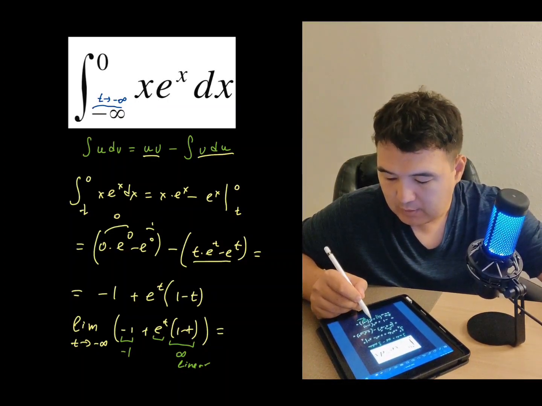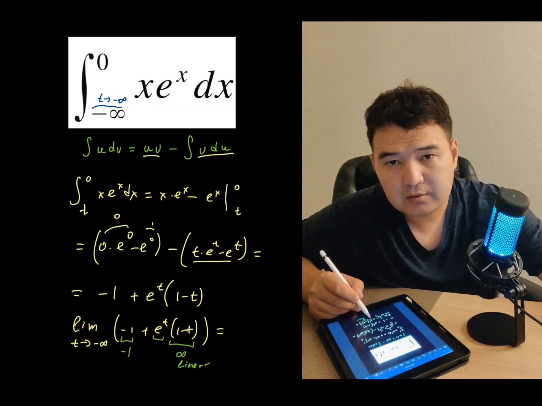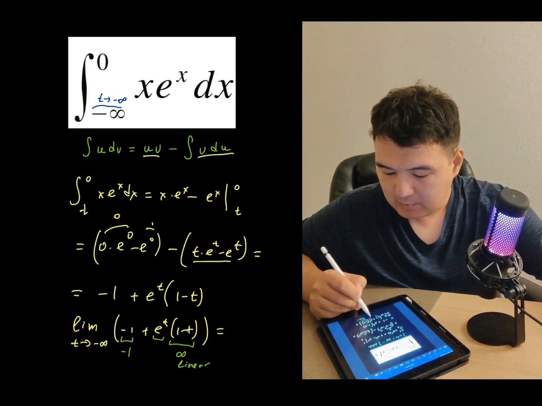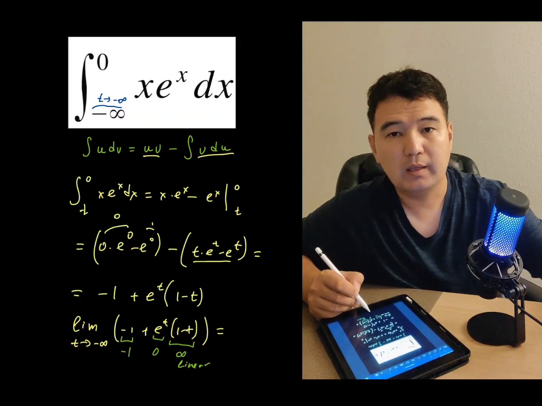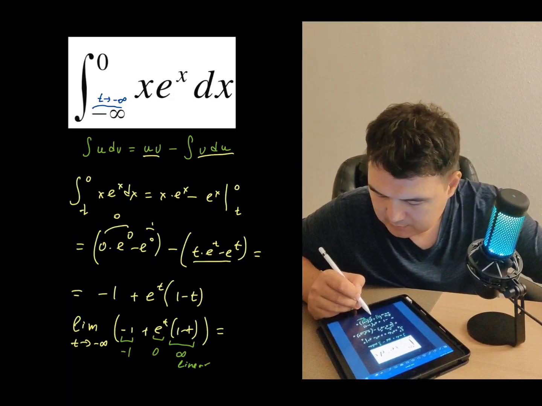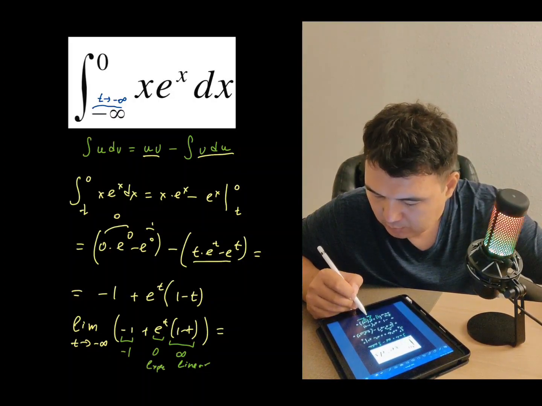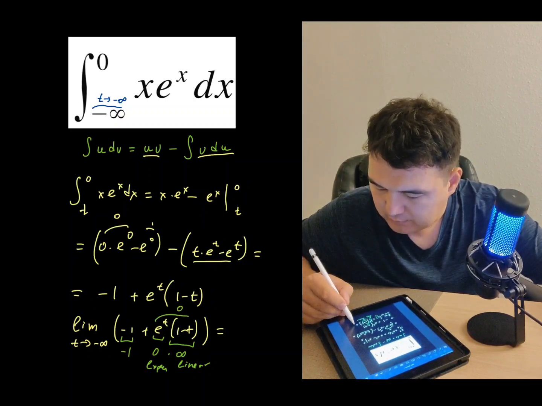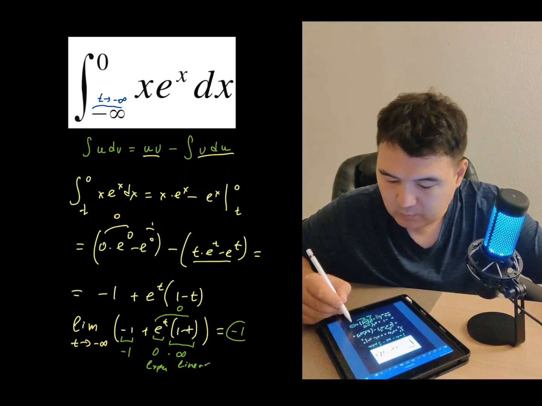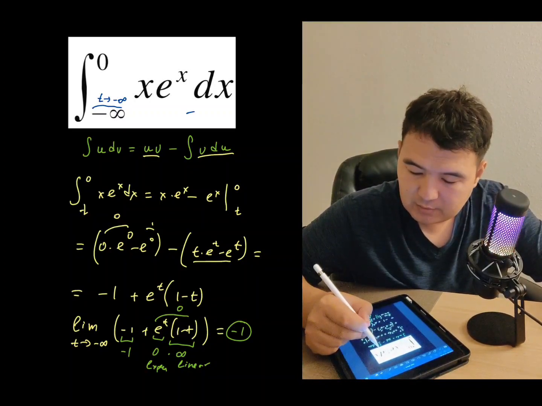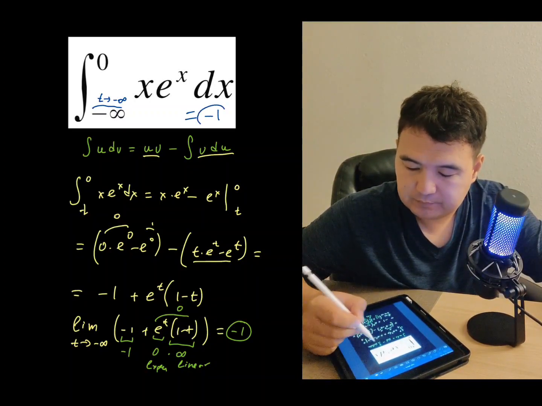Since it's an exponential number but the power is negative, this number becomes 0. So basically what we have is 1 over an exponential number. So this is 0, but it's an exponential 0. When you multiply them, you get a total of 0. So the final limit is going to be just negative 1, which makes this integral negative 1.